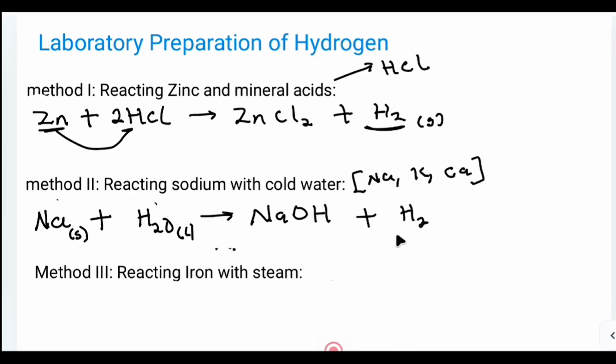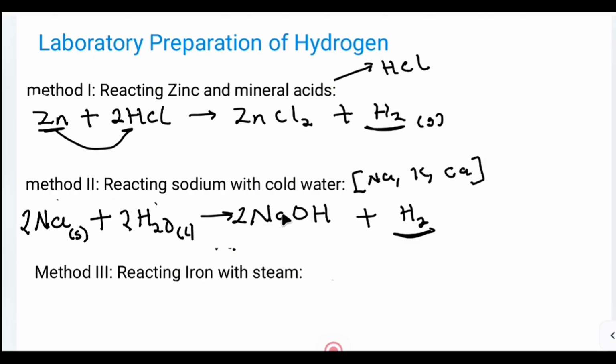So once again, I have my hydrogen. And to balance this up, I think I should put a 2 here, and a 2 here, and a 2 here. Okay? So this is the second method for producing hydrogen in the lab.